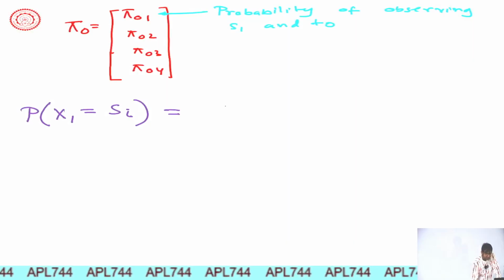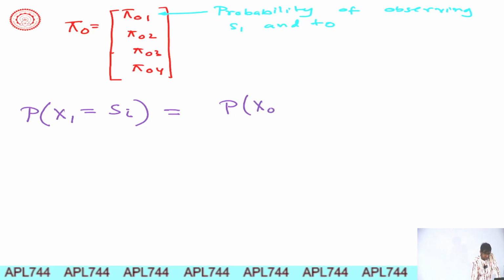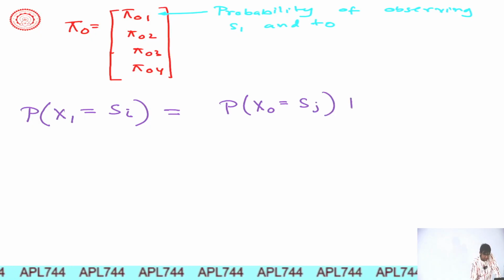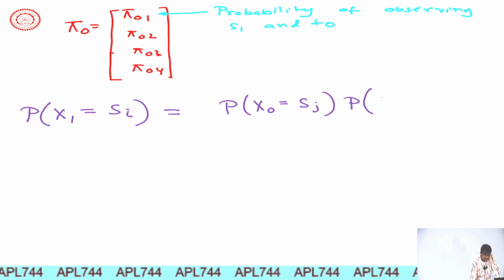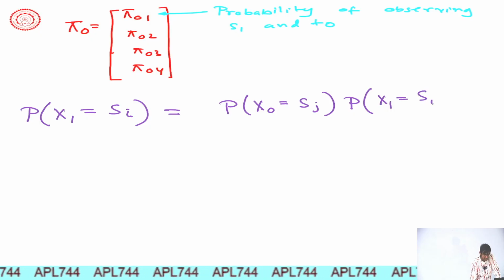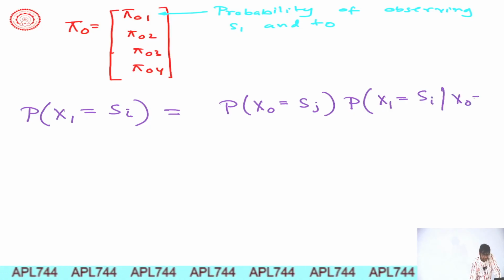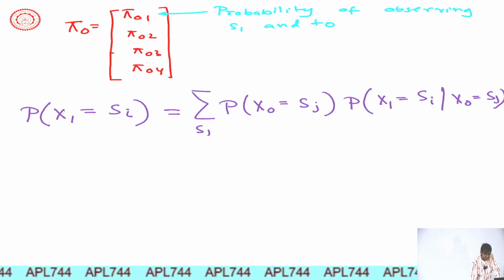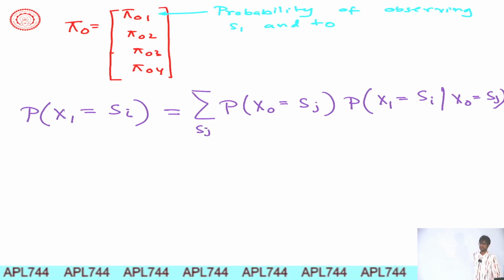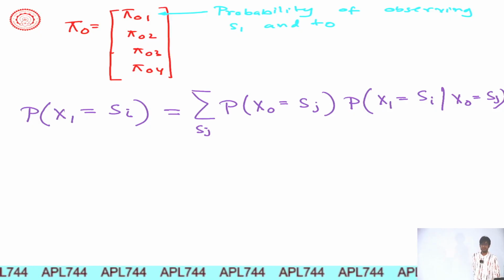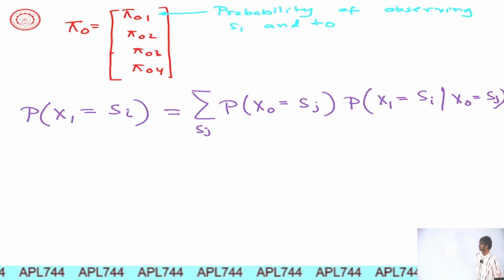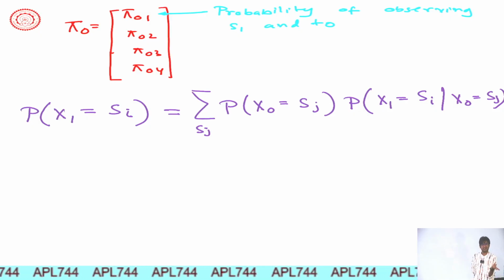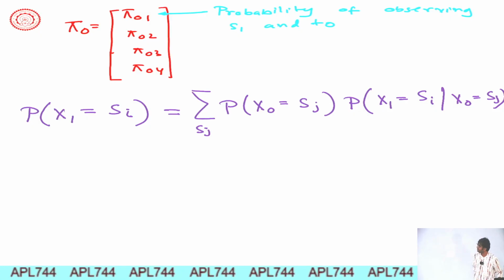So probability that at x0 you had the value Sj, and then probability that at x1 you will take the value Si, given at x0 you have the value Sj, and this should be done for all the Sjs. The simple application of sum and product law, right? If you do the product, you will get x0 comma x1. You are integrating on x1, you are getting x0, x0 you are getting x1, right?